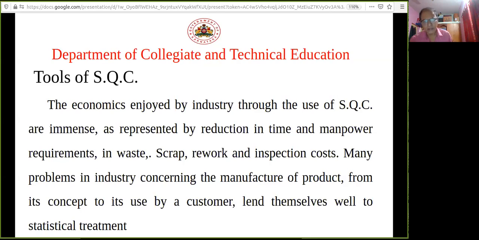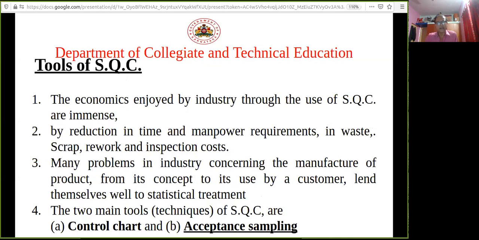So because of the use of all the tools by the industries, from the concept of the raw material to the quality products consumed by the customers, everything lends itself to statistical treatment. So with the statistical quality control tools, as we know, the economy enjoyed by the industries is immense, through the reductions in the time and the manpower requirements, all those things.